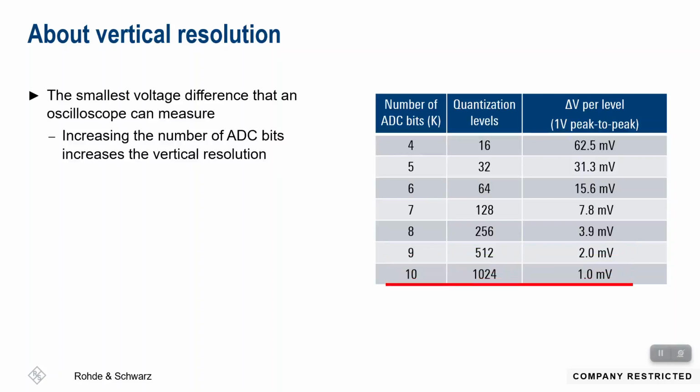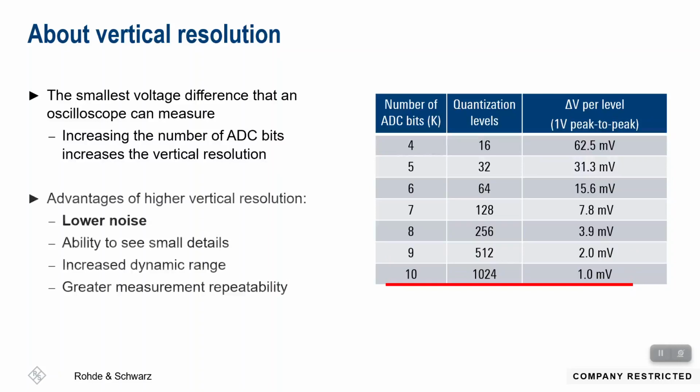If you instead had a 10-bit ADC with the same scope settings, you'd be able to measure 1 millivolt. So that increased resolution lowers the noise in this way. So the key advantage, lowering noise, allows you to see smaller signals. It also increases your dynamic range and gives you better measurement repeatability.